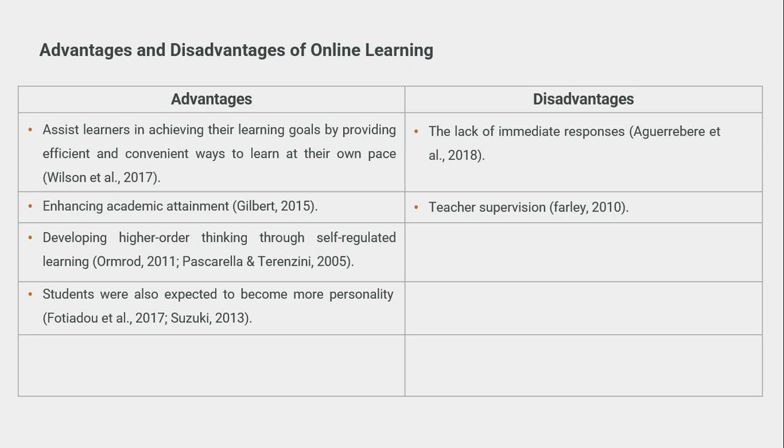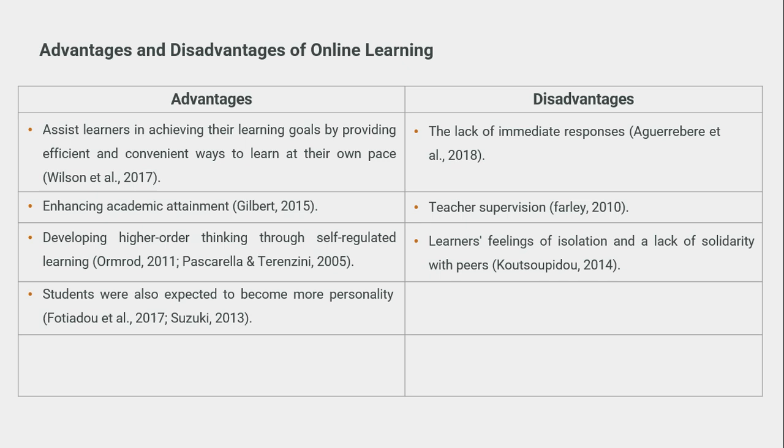And then the results on whether online learning can promote relatedness were also varied. Learners' feelings of isolation and a lack of solidarity with peers are also disadvantages of online learning, according to Kotsopoulou 2014.